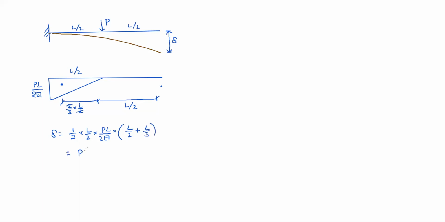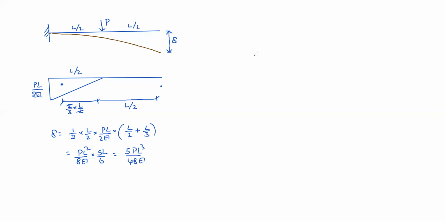That equals PL square by 8EI into L by 2 plus L by 3, that is 5L by 6. That is 5PL cube by 48EI. This is the result. Okay.